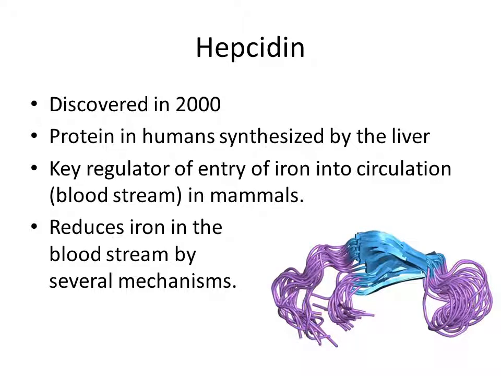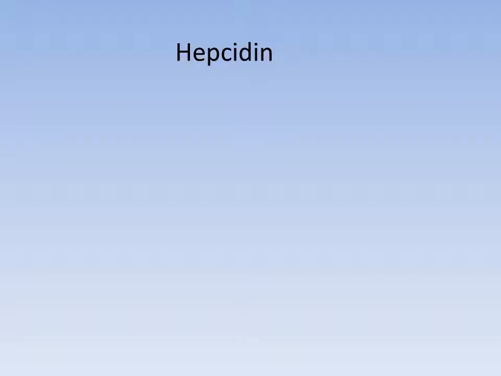Hepcidin reduces the extracellular iron, that is the iron outside of cells available for red blood cell production in the body by several mechanisms. And this is a bad thing if you're trying to make more red blood cells.